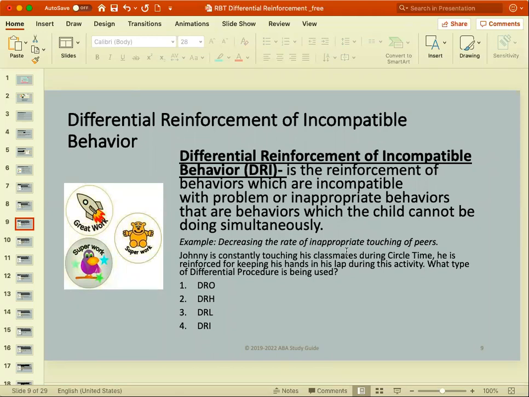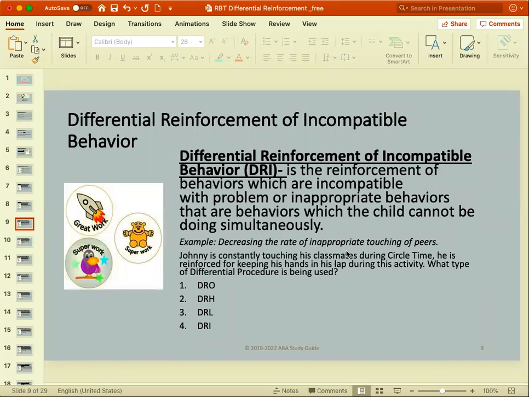What's incompatible? Hands in the pocket. Right? Teach hands in the pocket, reinforce hands in the pocket, make up a song about it, deliver stickers for appropriate hands in the pocket. It's incompatible. You can't do both. It's a real easy one for something that's a very socially significant problem in school, right?